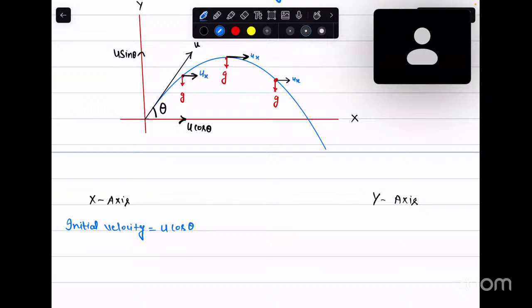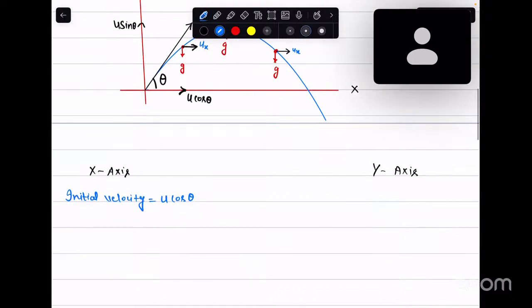And if acceleration due to gravity is working at 90 degrees, there will be no change in the speed in the horizontal direction. Why am I saying that? Because you know that work done W is equal to F s cos theta, force times displacement times cos theta, where theta is the angle between the force vector and the displacement vector.